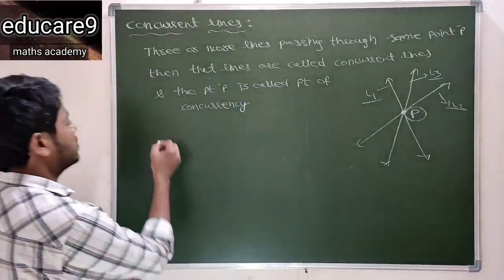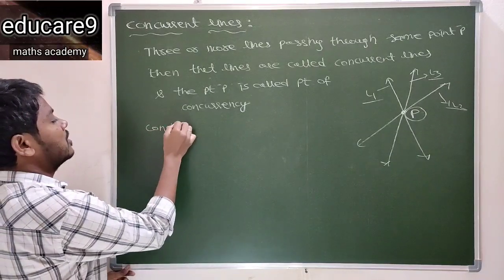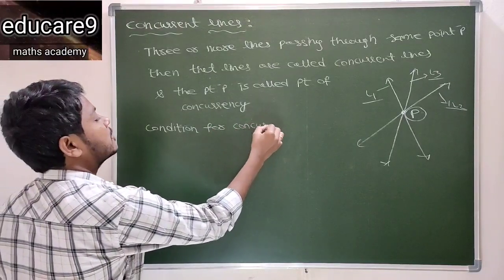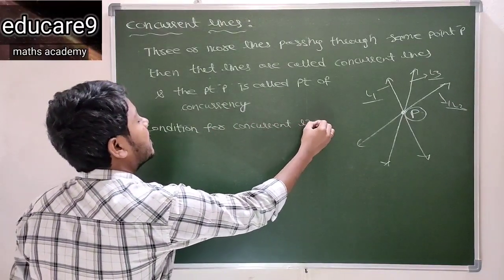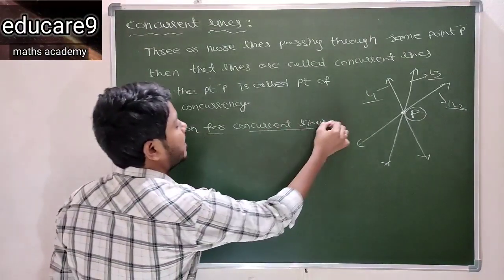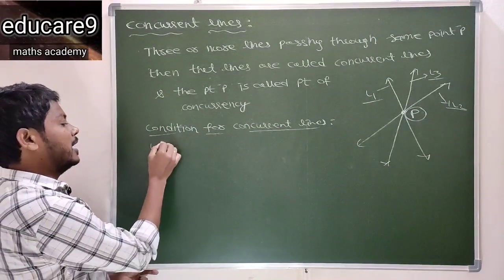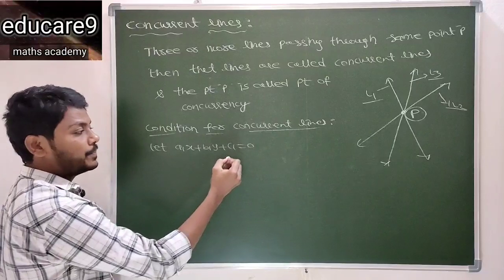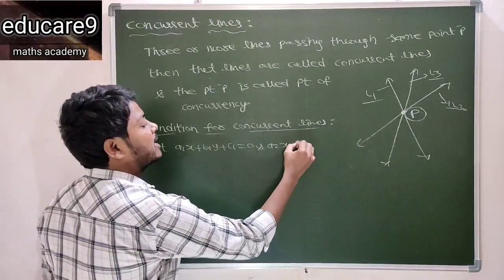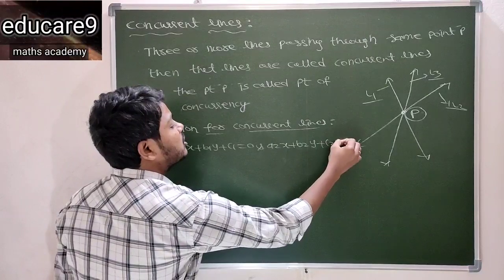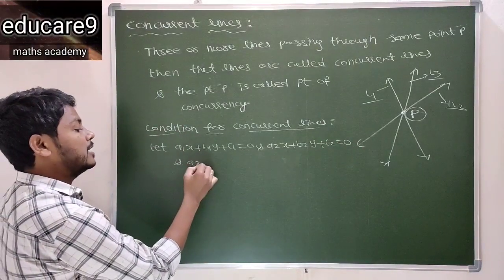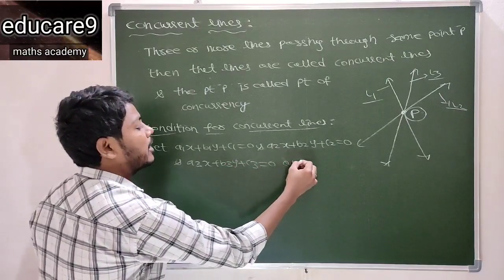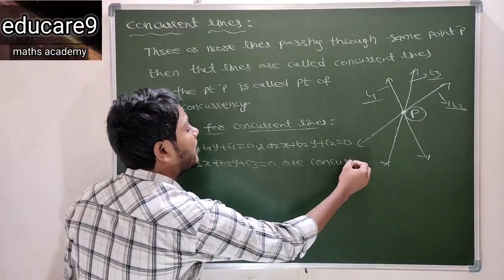Okay, so next one, the condition for concurrent lines. See here, let a1x + b1y + c1 = 0, a2x + b2y + c2 = 0 and a3x + b3y + c3 = 0 be concurrent.